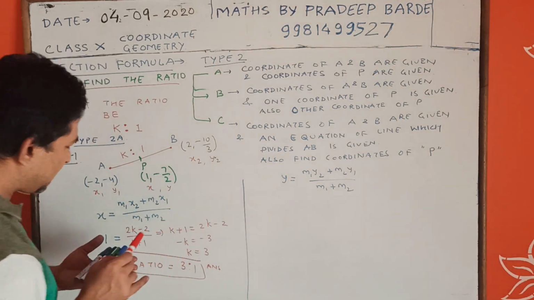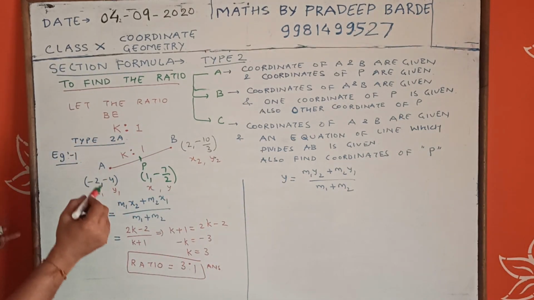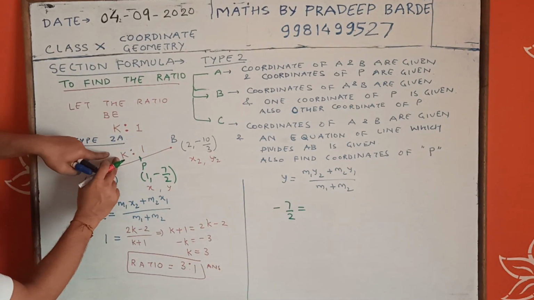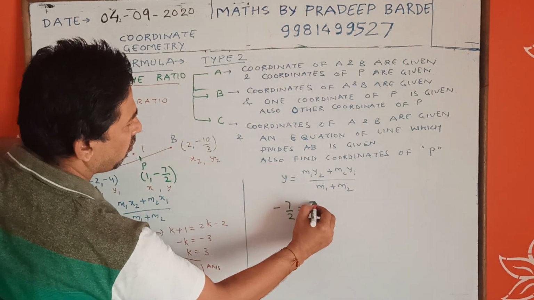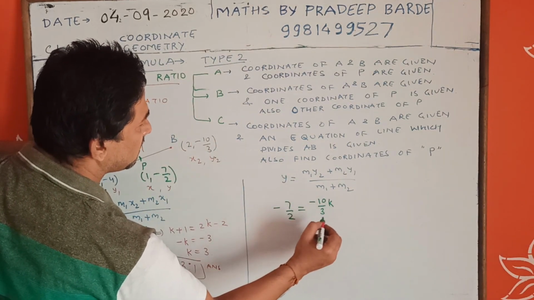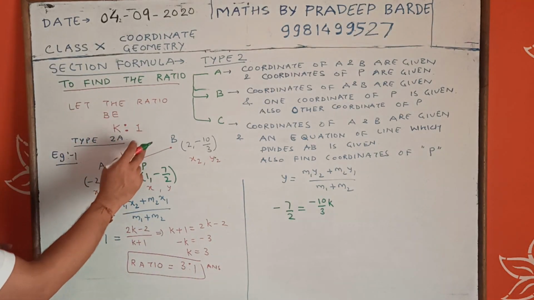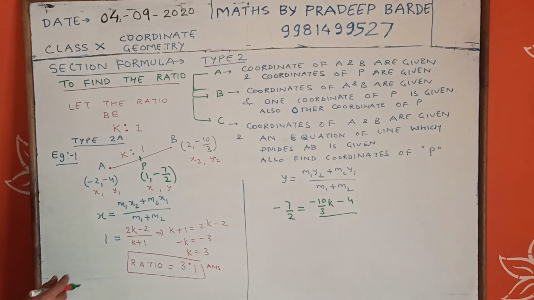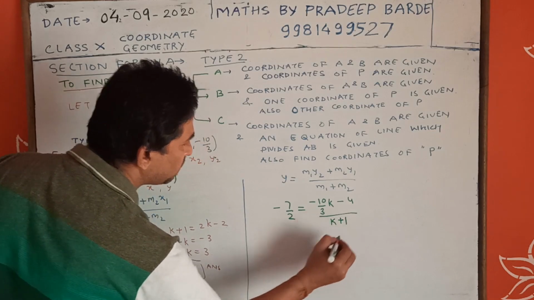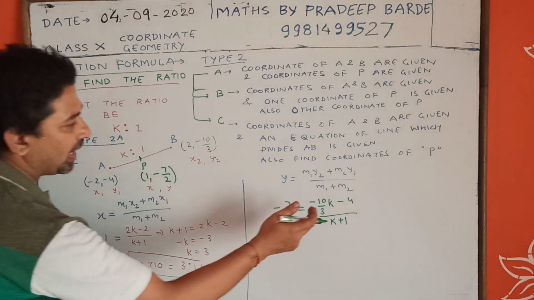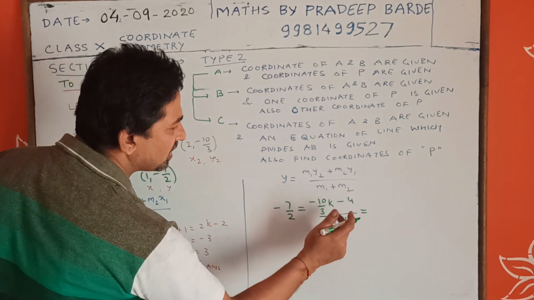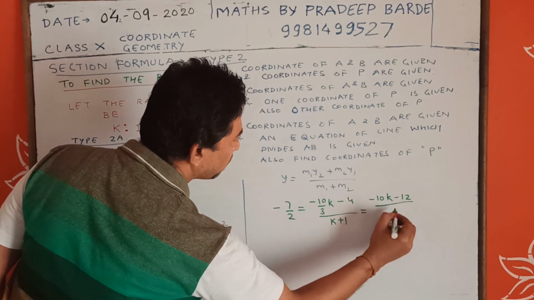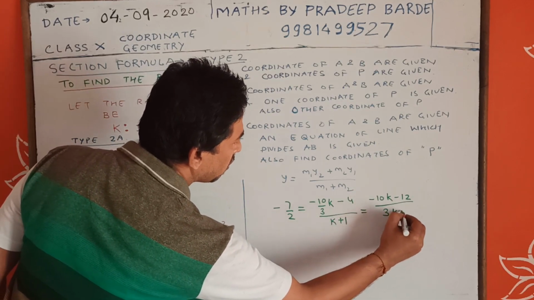Let's check whether we get the same answer for y or not. Y is minus 7 upon 2 equal to (k into minus 10 upon 3 plus 1 into minus 4) upon (k plus 1). पहले यहां पे एलसीएम लेते हैं बच्चों. 3 एलसीएम: (minus 10k minus 12) upon (3k plus 3).